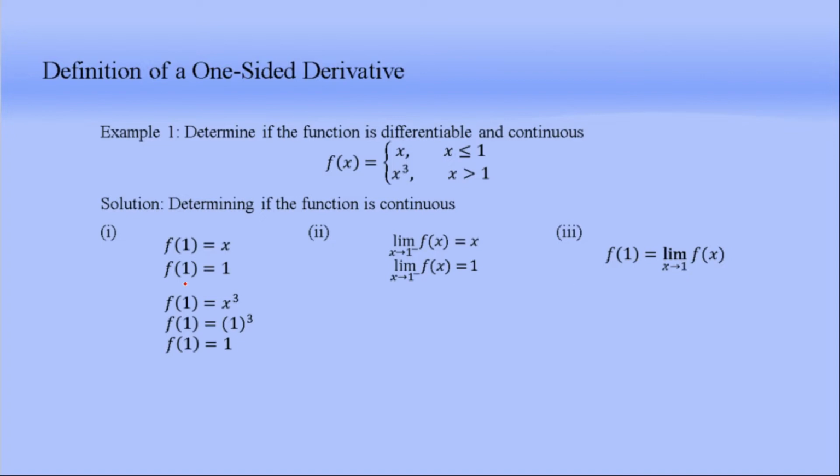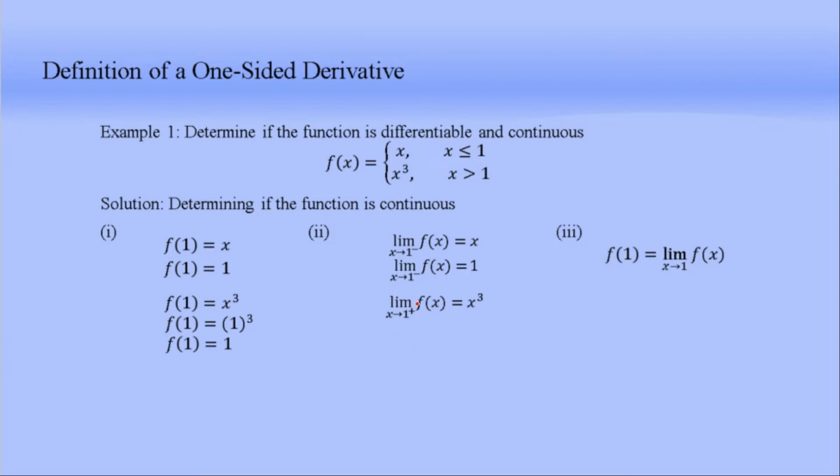We can say that f of 1 is 1, and now we're going to find the limit of f of x as x approaches 1 from the left. So we're going to use the first function as the condition states that x is less than or equal to 1 from the left. So the limit from the left is 1.